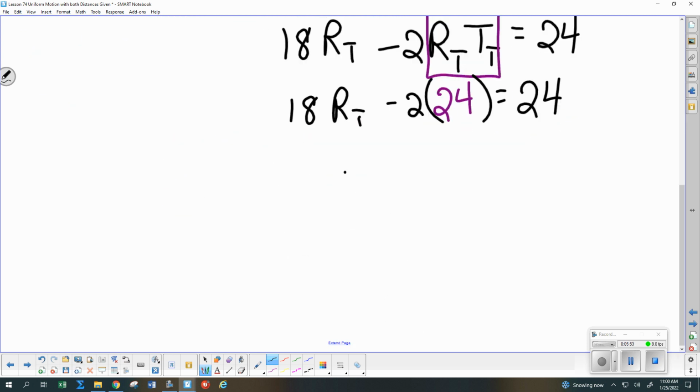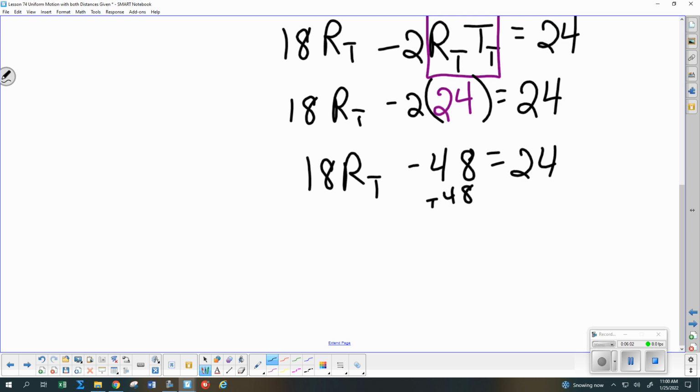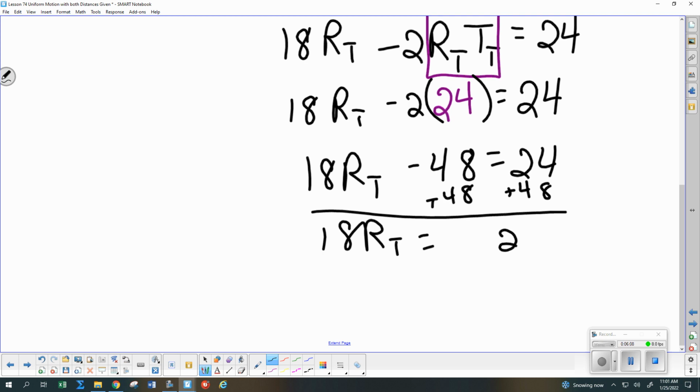So let's see, what's that going to give us? 18 RT minus 48 is 24. And if I add the 48 on both sides, 18 RT is 72. Does that look right?